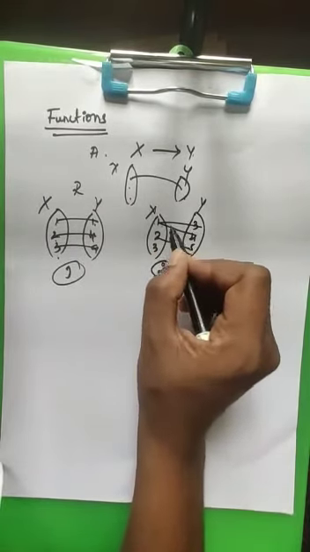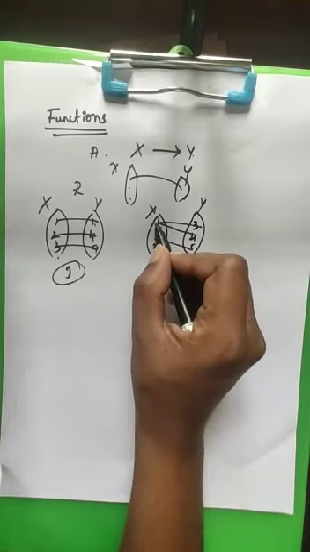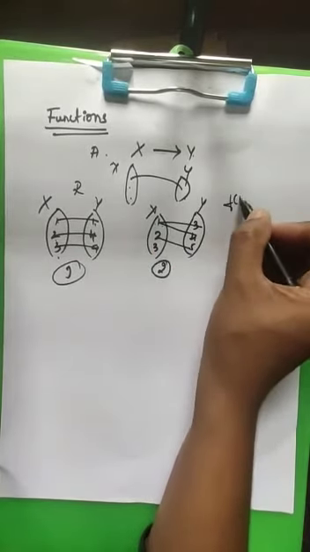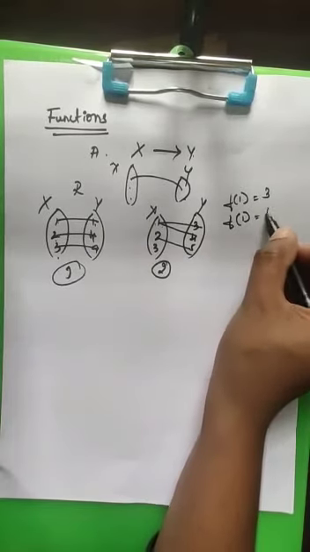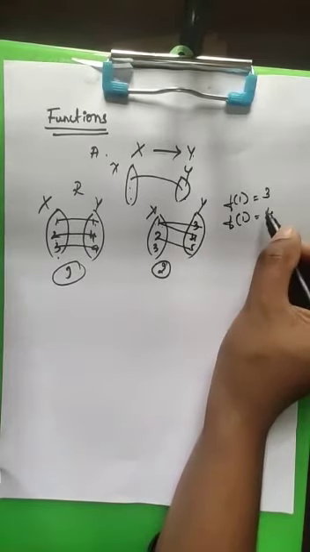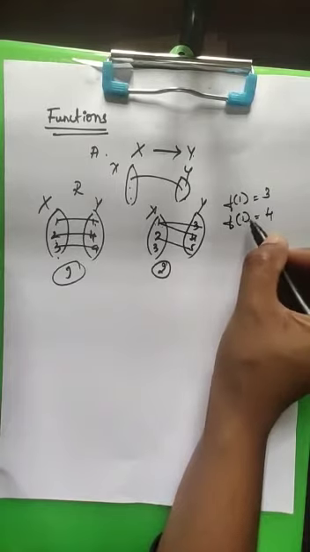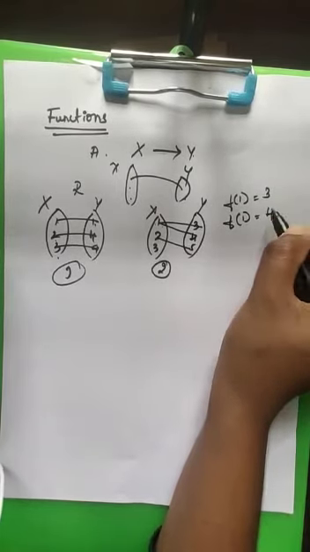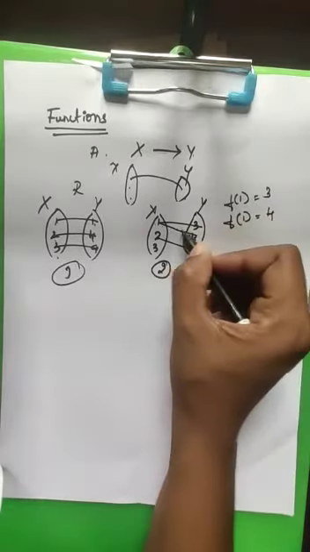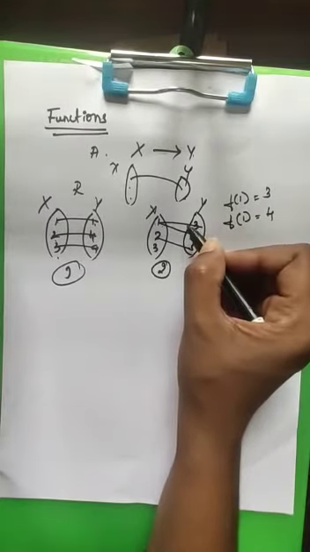In order to be a function, that is the input, if we say f of 1 is equal to 3, also f of 1 is equal to 4. So this is my input and this is my output. For every input, I should have only one output. It should not be two outputs. Only then a given relation is said to be a function.